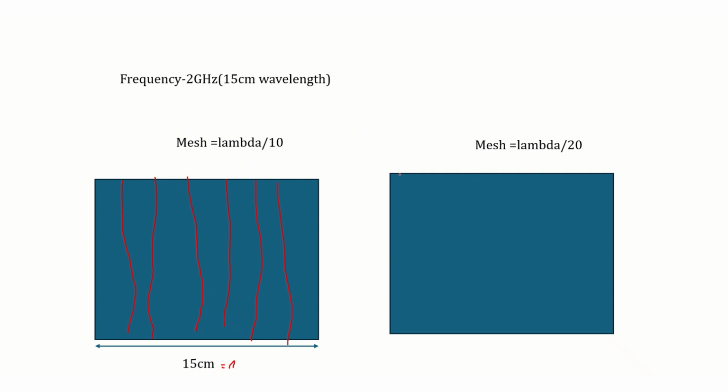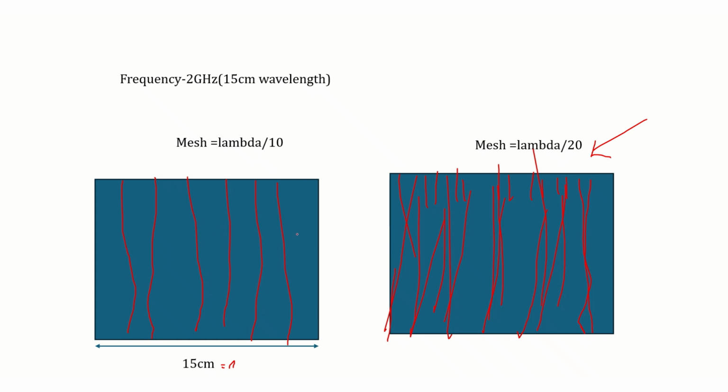If it is lambda by 20, the entire domain has to be divided into 20 structures. So if meshing like lambda by 20 is used, the structure will be discretized into very small elements. In this case, the number of mesh elements will increase. So that is what that setting actually means.